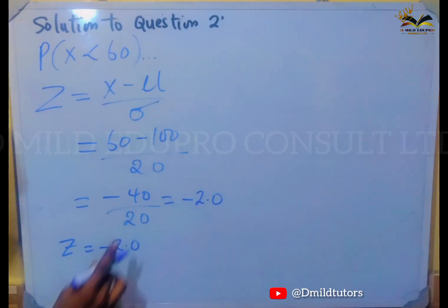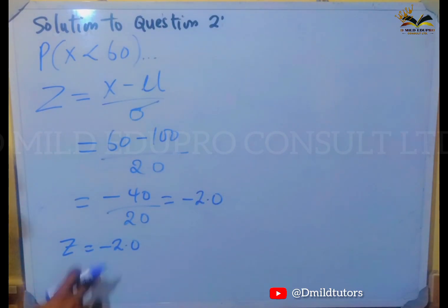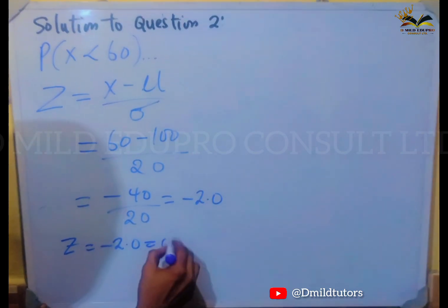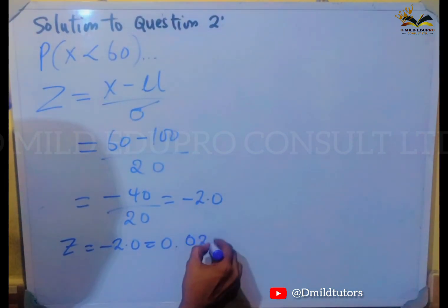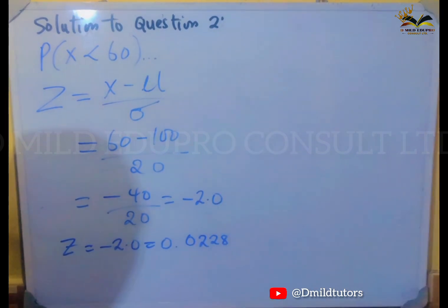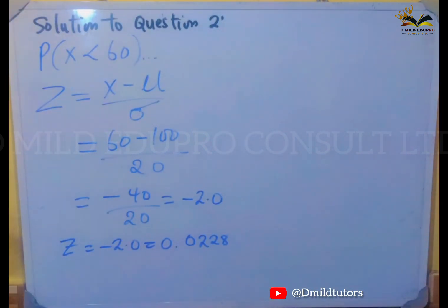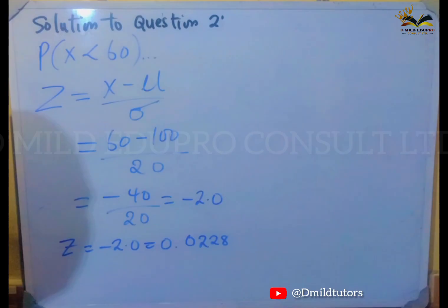Now if you go to the z table and search under minus 2.0, you are going to have 0.0228. This is the value you are going to get. Is that okay? Approximately 0.0228. So once you've gotten that, you've gotten your answer, what they asked you to look for. The next thing is to represent this using your normal curve.